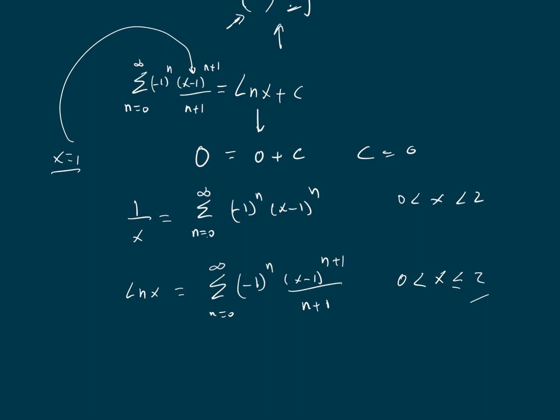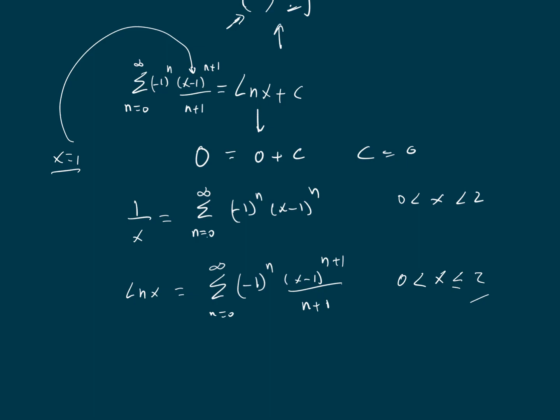To see if we really gain the endpoint, we do like this. When x equals 2, 2 minus 1 is 1, and 1 raised to the power n plus 1 is 1.